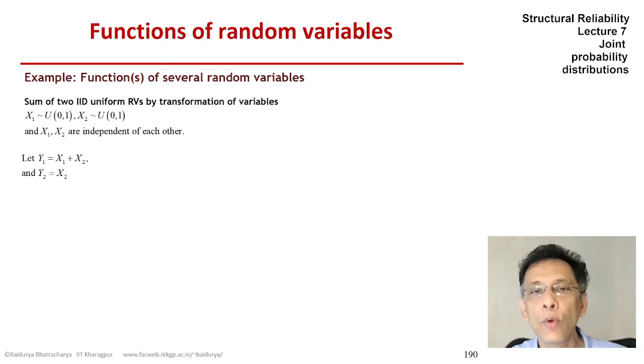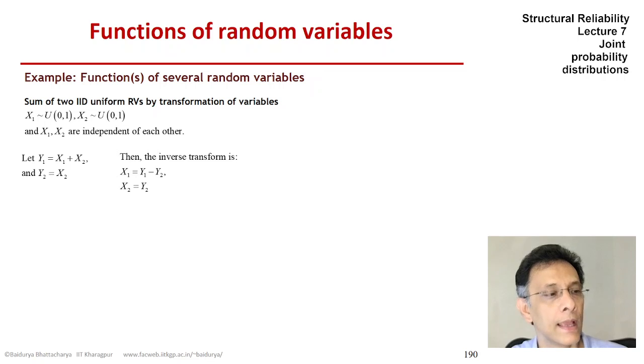So let y1 be x1 plus x2, and then we define a new variable y2, which is identical to x2. And now we need to invert that relation also: x1 in terms of y1 and y2, and x2 in terms of y1 and y2. In this case only x2 is equal to y2.